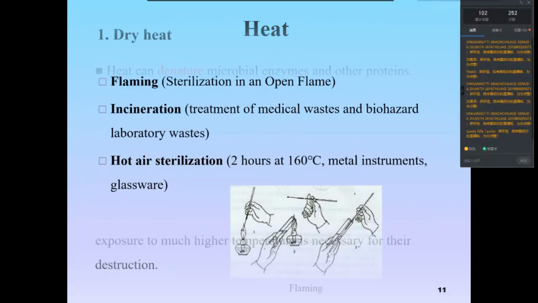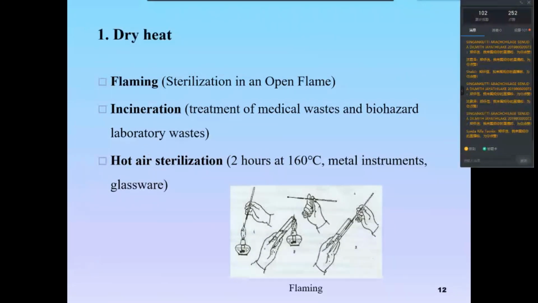The first one we'll talk about is dry heat. This includes flaming, incineration, and hot air sterilization. Flaming is the open flame we mentioned just now. You can burn alcohol, and you can put metal, or a test tube, in the flame to keep the opening area sterilized. Incineration is a different way.